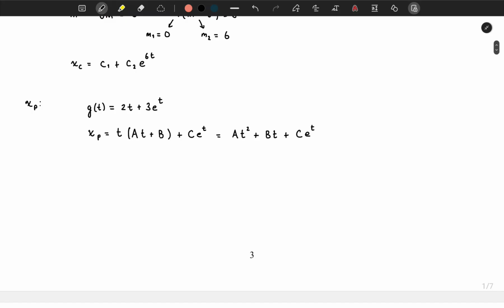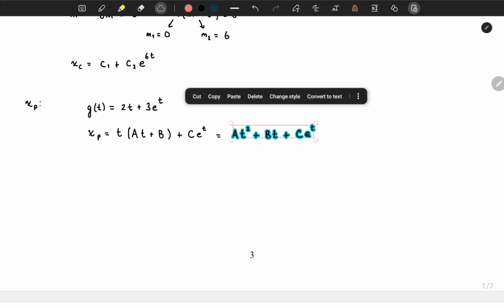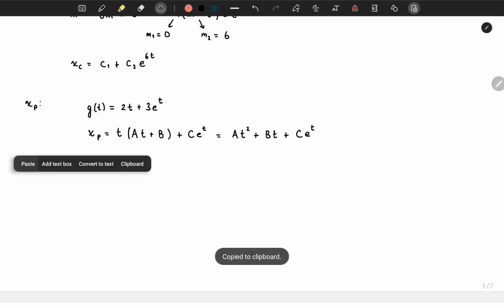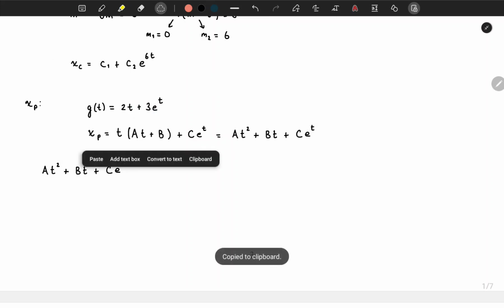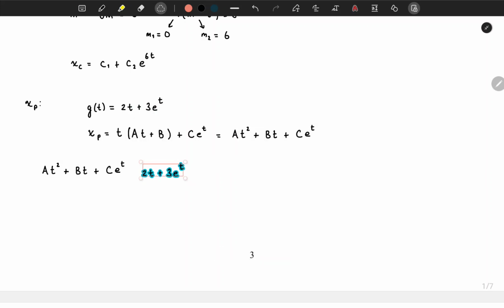So what we have to do now is set this equal to the g of t. Let's set that equal to each other. Now, my mistake.